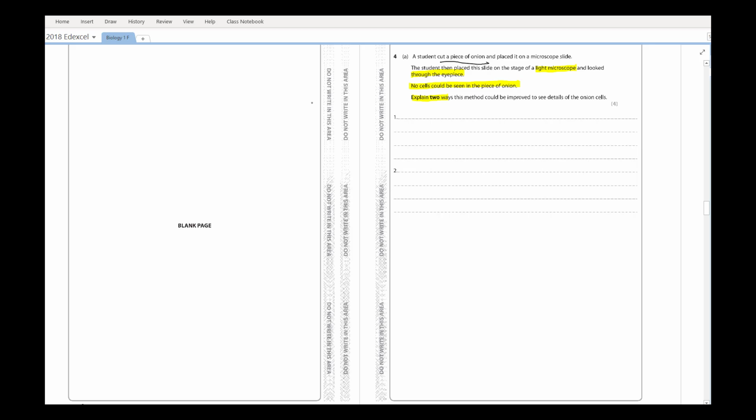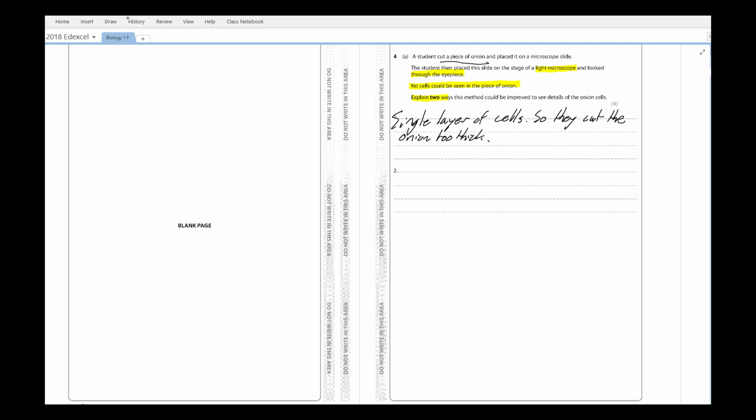The first thing I can think of is they need to have a single layer of cells, so they cut the onion too thick.